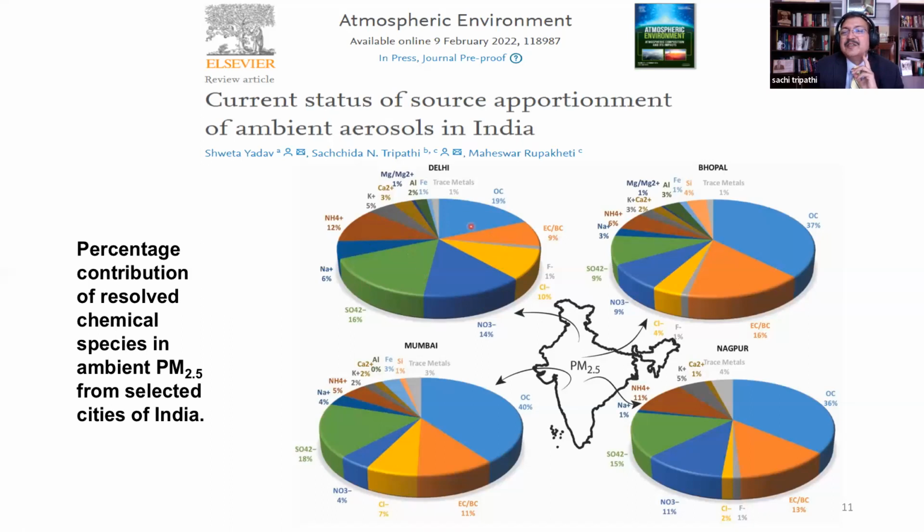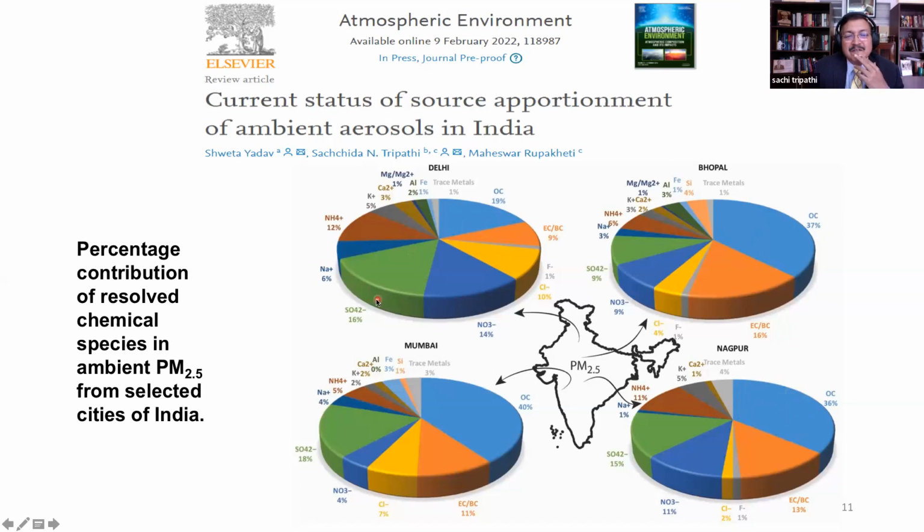Broadly speaking, one thing stands out: organic is a big contributor, which is 19% in Delhi, 37 to 40% in Bhopal, and of similar order for Nagpur as well as Mumbai.